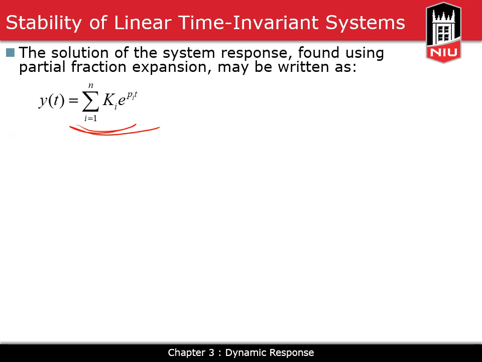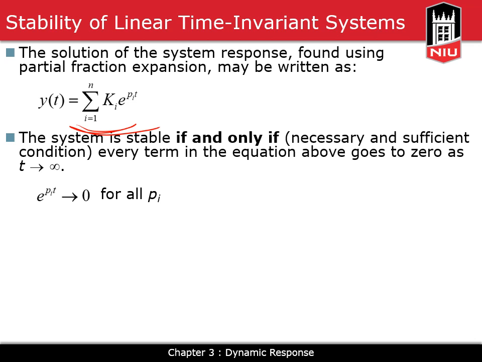Why is this important? Because we need to look at that e to the power of pi t. If all the pi's are negative or have negative real parts, if we want to be more accurate, then all those exponential terms will converge to 0. And that means the response will be converging to a constant value and not diverging.